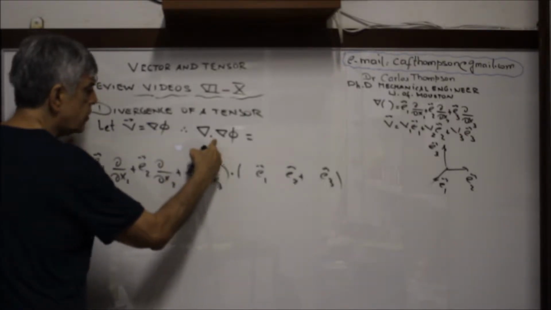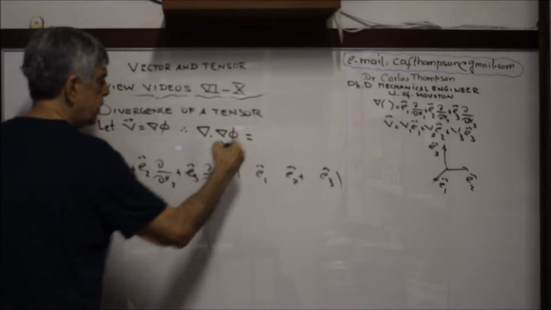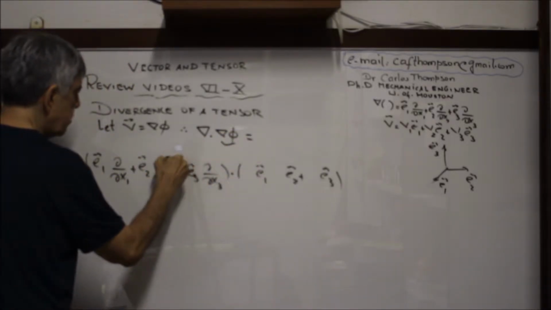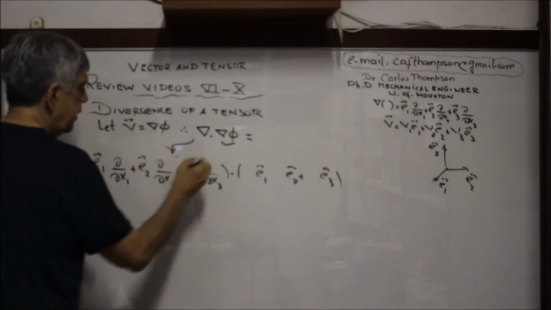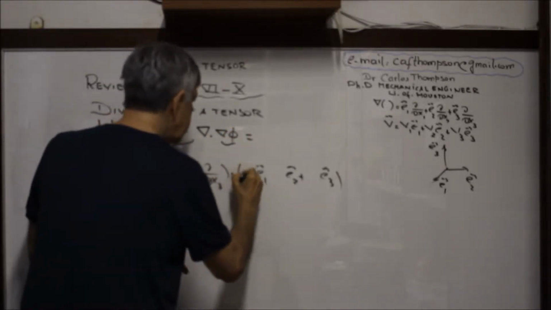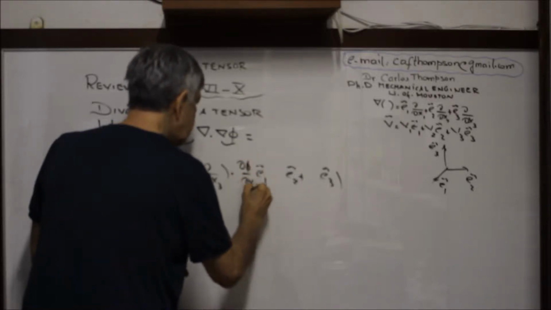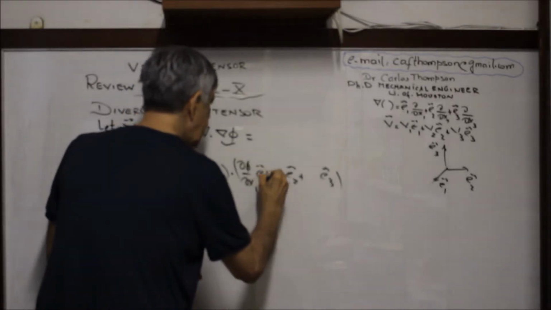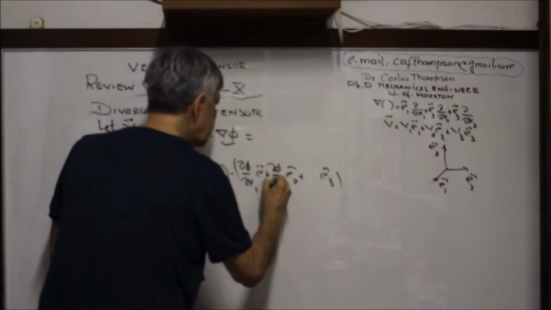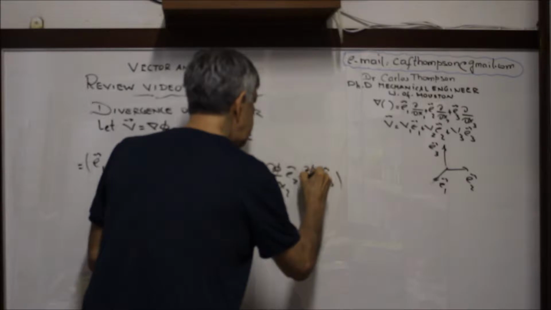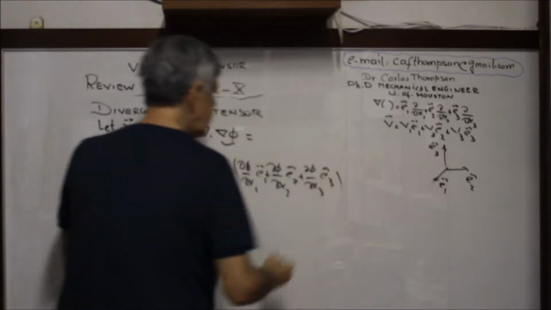So the divergence of gradient of phi is equal, now this is nabla over here, and this is a vector nabla phi, this is partial of phi with respect to x1 plus partial phi with respect to x2 plus partial phi with respect to x3.